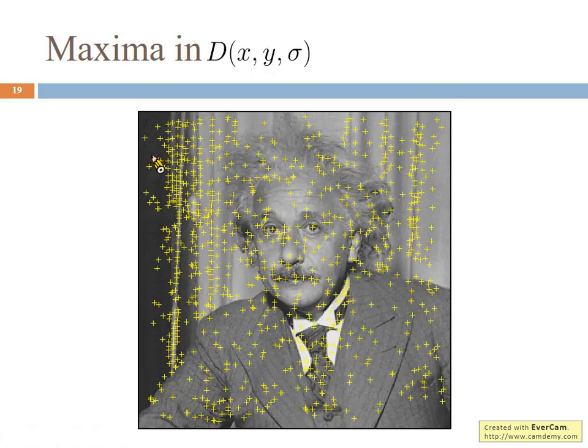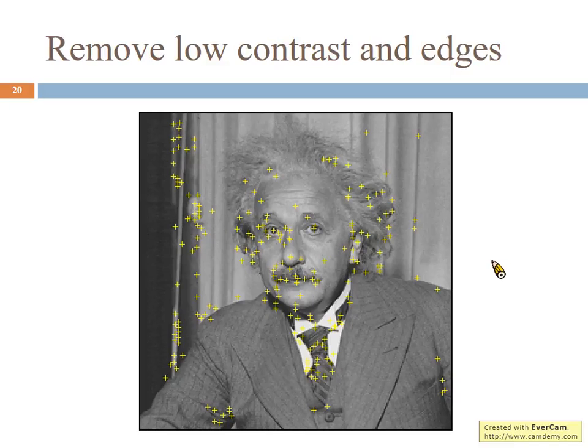After the first step, we may be able to find the key points like this. Okay, we will find the local extrema like this. So we may see many local feature points. And after removing the feature points with low contrast or on edges, we can remove a lot of them.